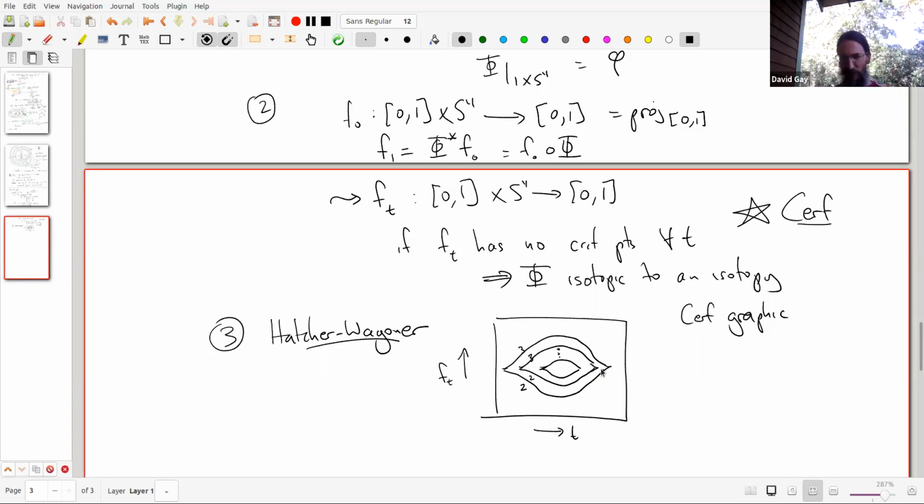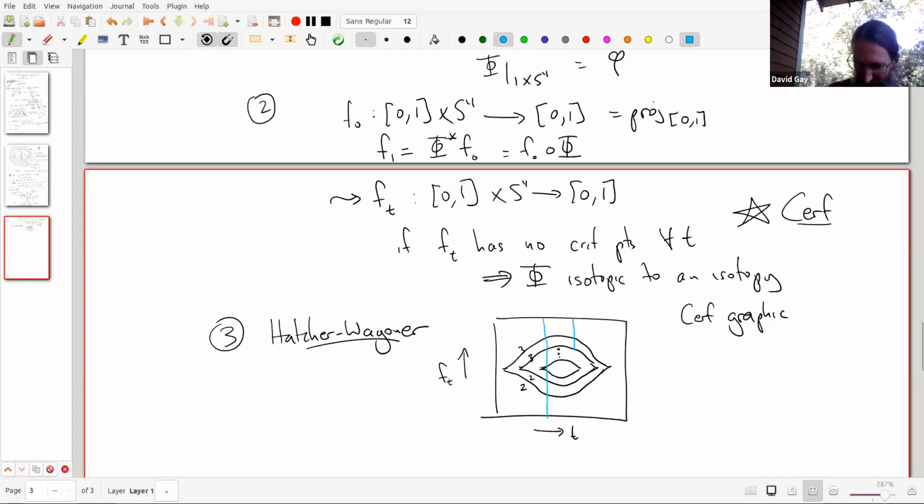Very, very quickly, there's quite a bit of work to be done here, including using Gabai's light bulb trick. But what you want to think in the end is, where were these connect sums of S1 cross S2s? So if you look, maybe my picture is a little too small, but let me use a different color here.